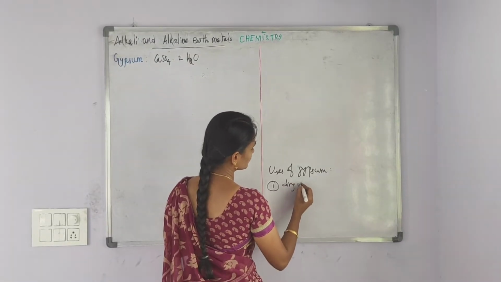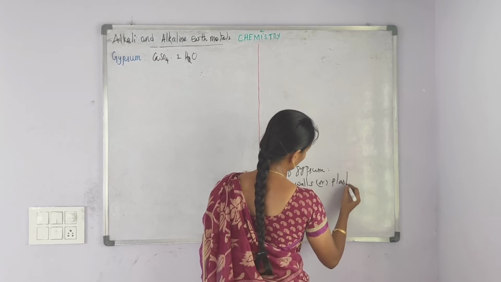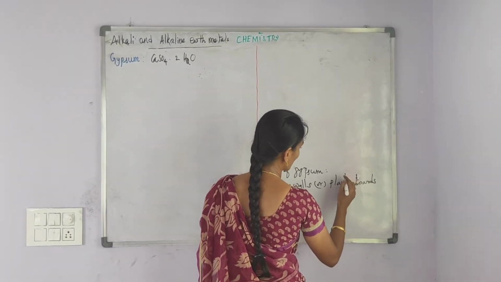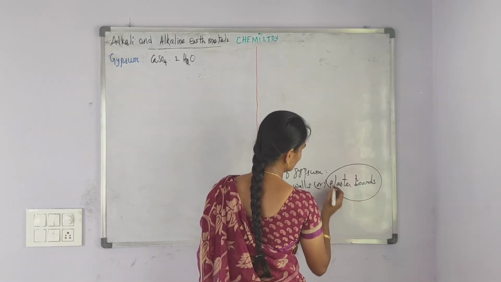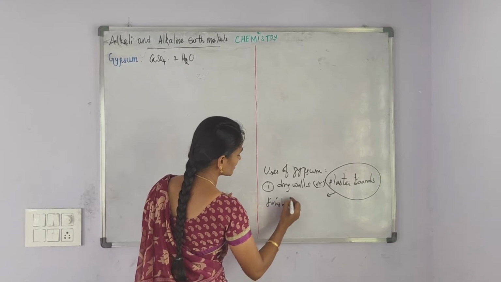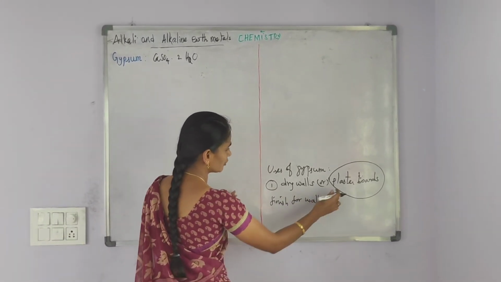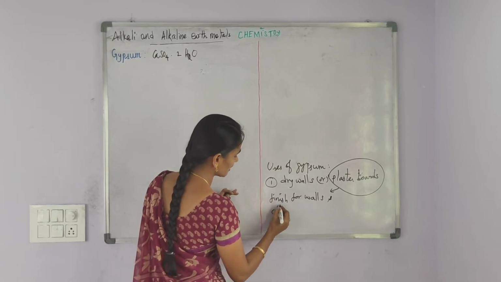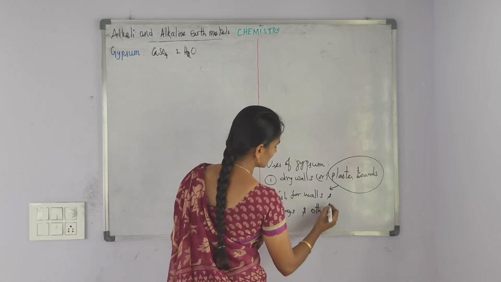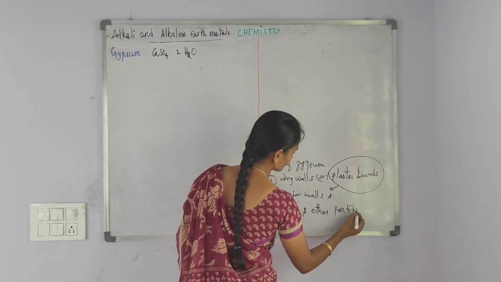Gypsum is used for making dry walls or plaster boards. Plaster boards are used as the finish for walls and ceilings, and plaster boards are used for other partitions.